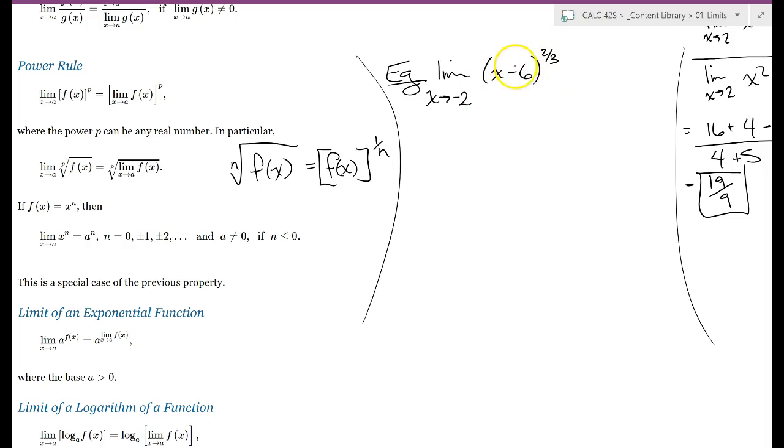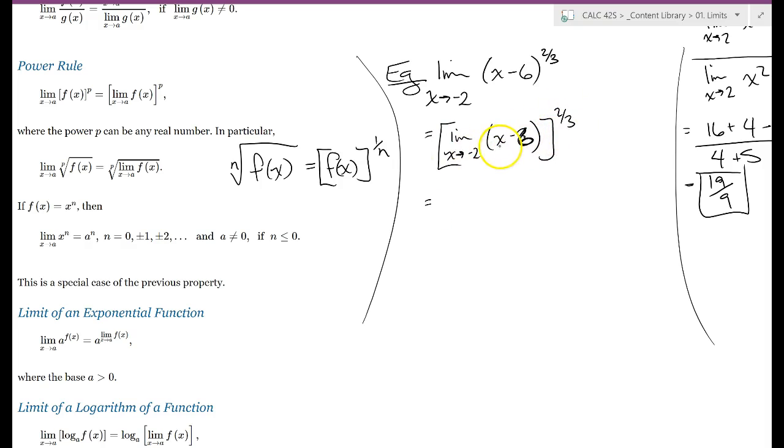Okay, so again, because it's an exponent, even though it has a denominator, that's still meaning radical, and this rule still applies. I'll just work directly downward. So we can say that this is equivalent to the limit as x approaches -2 of x minus 6, all to the power of 2/3.